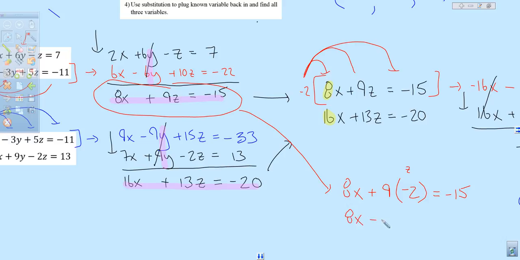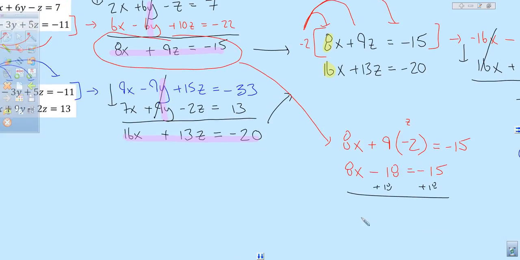I get 8x minus 18 equals negative 15. I add 18 to both sides. I get 8x equals 3. I divide by 8. I get x is equal to 3 over 8.